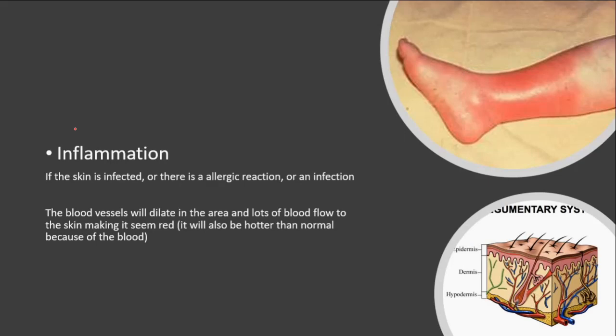Right, okay, so the next thing is inflammation. So the skin is really important when it comes to inflammation, which is essentially when your skin gets infected, or maybe there's an allergic reaction.